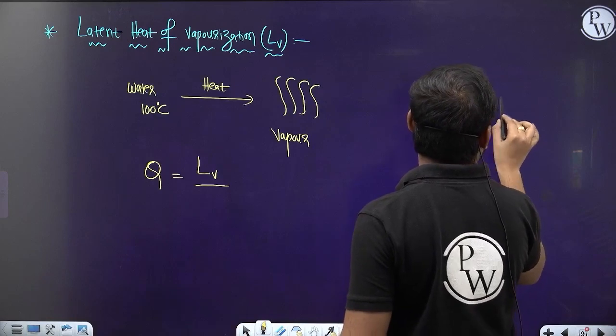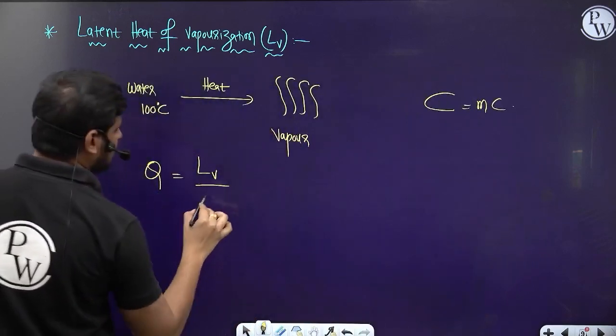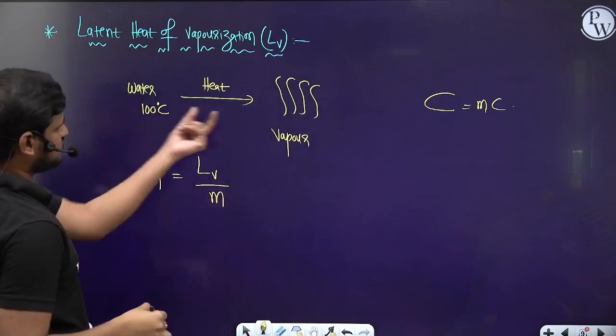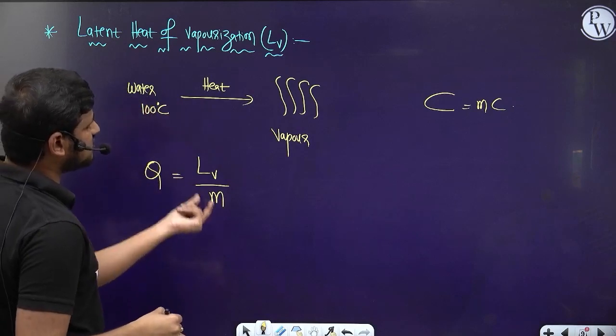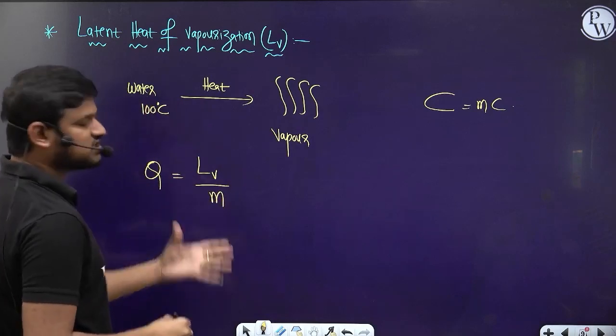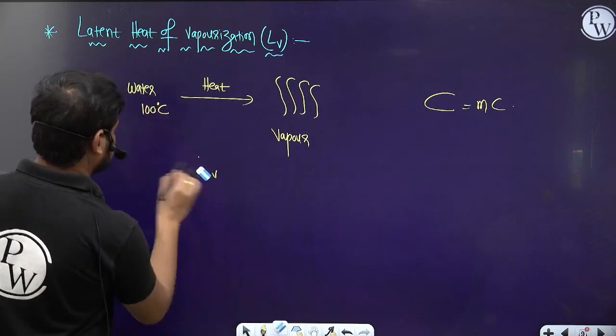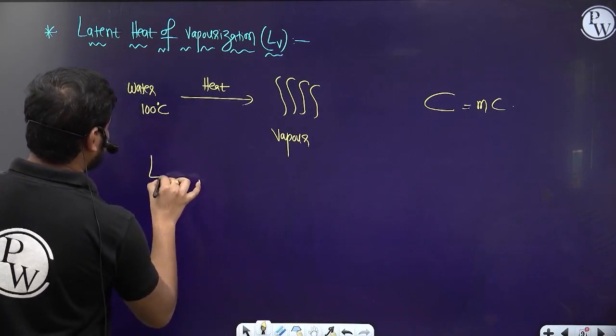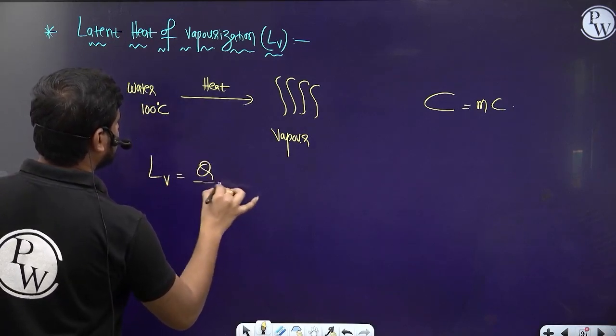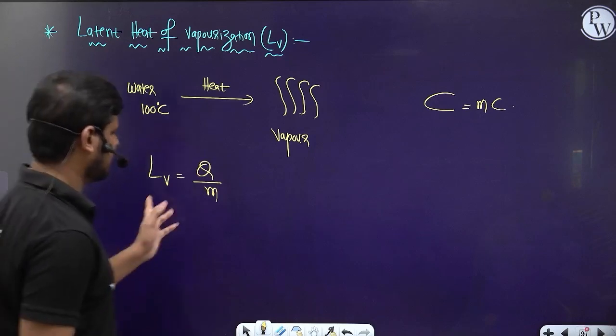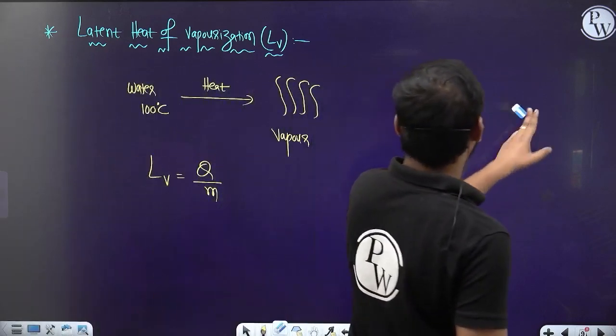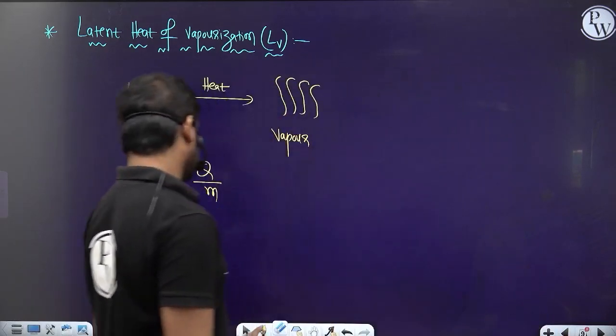M into C, right? So here LV by, so whatever the mass of the water is there, to convert that mass... sorry, LV is equal to Q by M. Yeah, this is correct. I had made a mistake, so this is the correct one. So done.